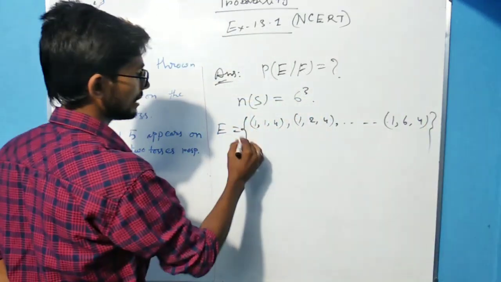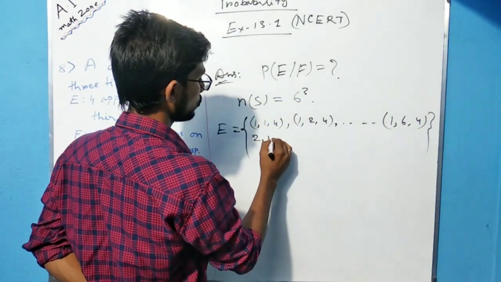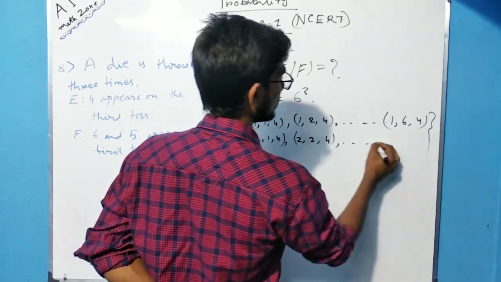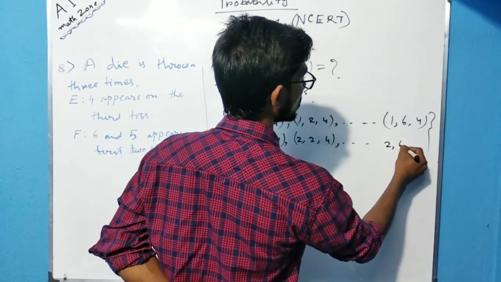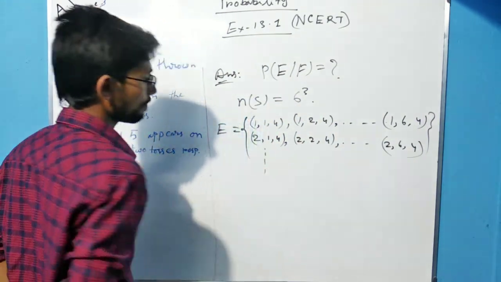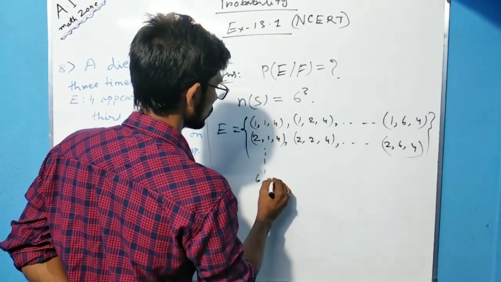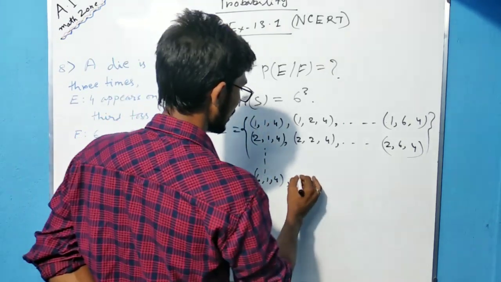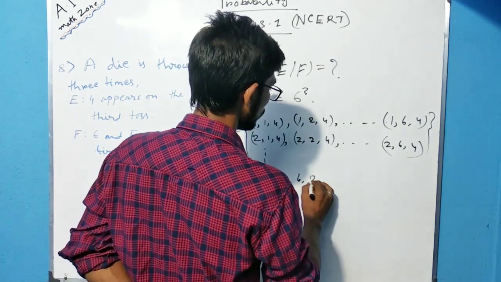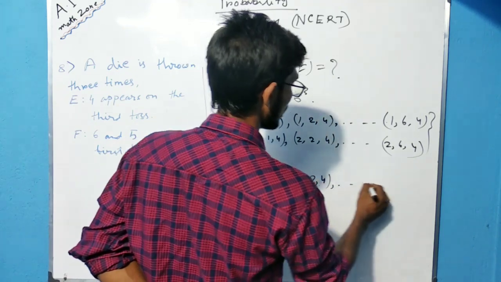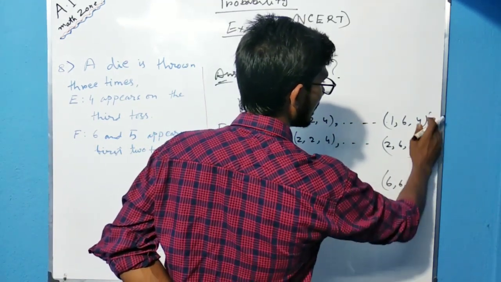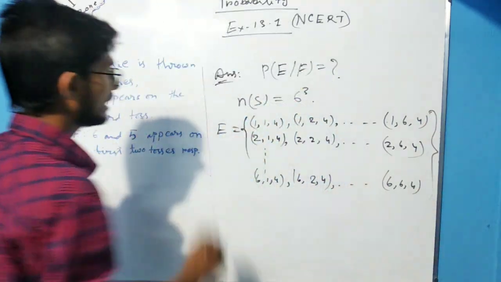Next 2, 1, 4, 2, 2, 4 and 2, 6, 4, so on. In this way the last ones will be 6, 1, 4, 6, 2, 4 and the last one 6, 6, 4. So these are the elements of E, right?